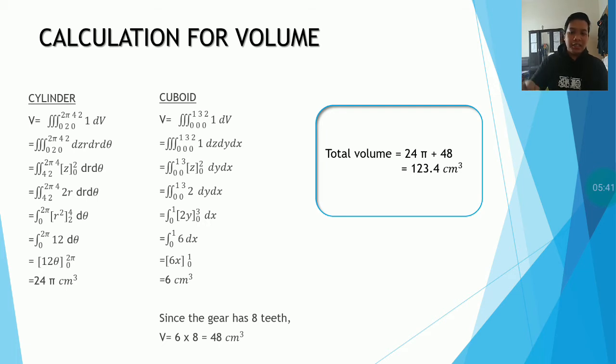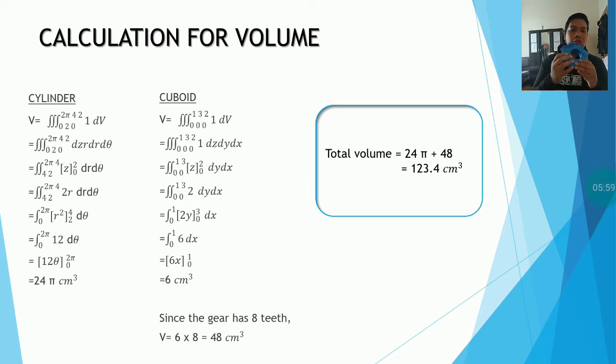Since the gear has 8 teeth, I multiply by 8 and get the total volume of teeth for the gear, which is 48 cm cube.